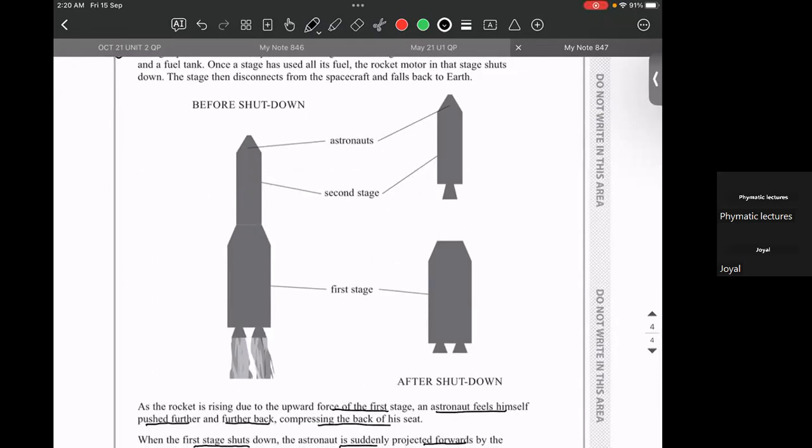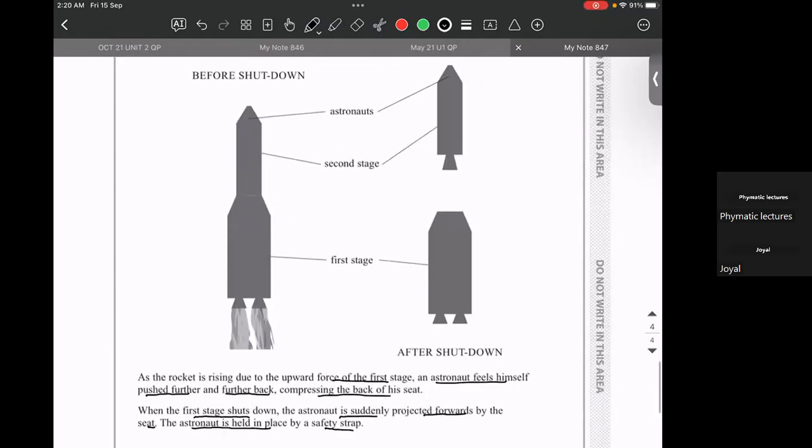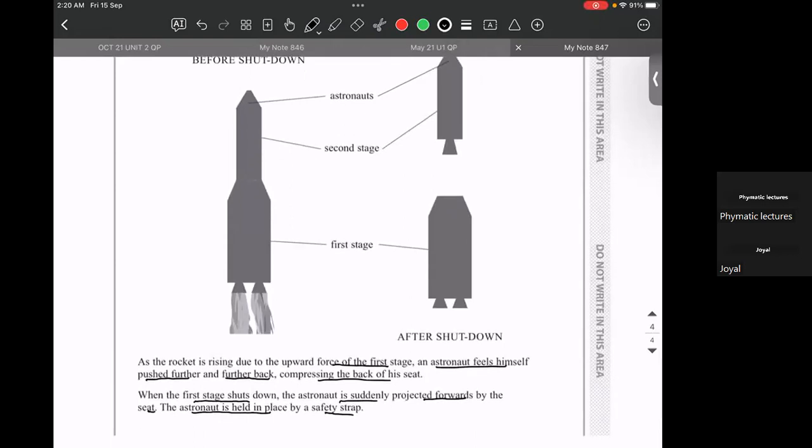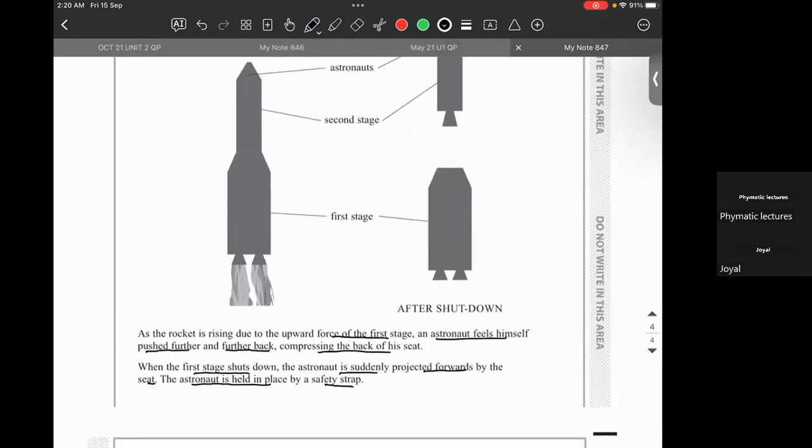So what is our question? Here you can see a rocket is rising during the first stage. You can see the fuel is burning, and as a result it is going upwards.